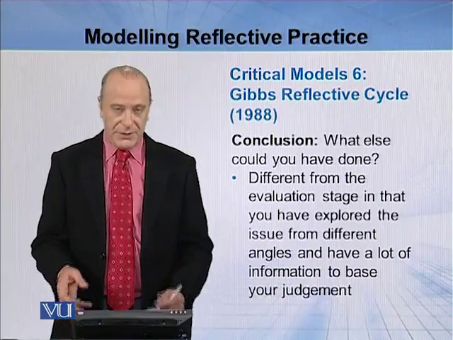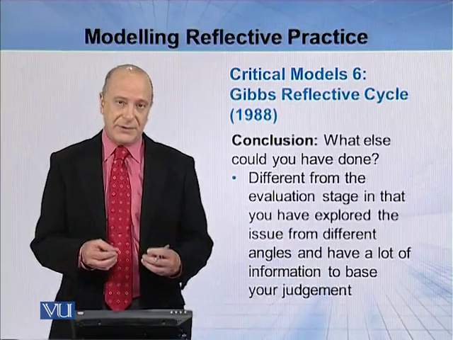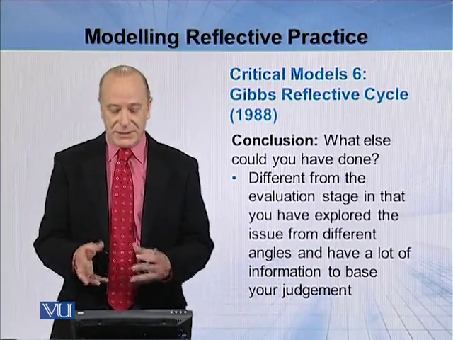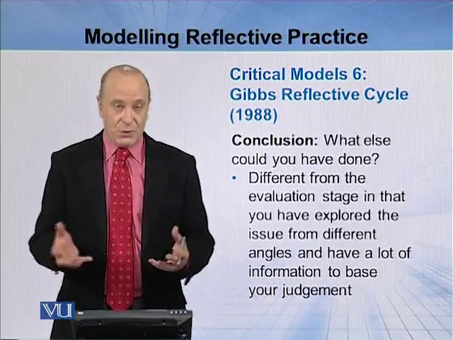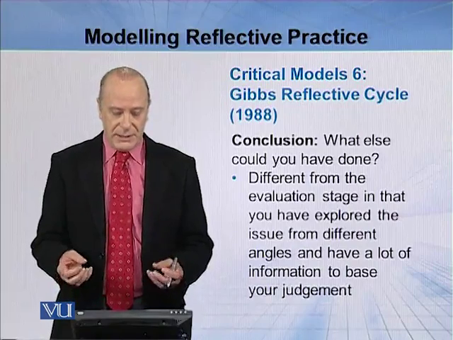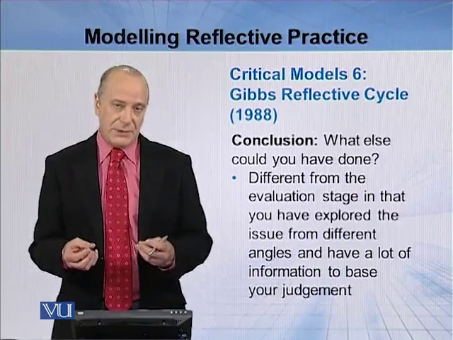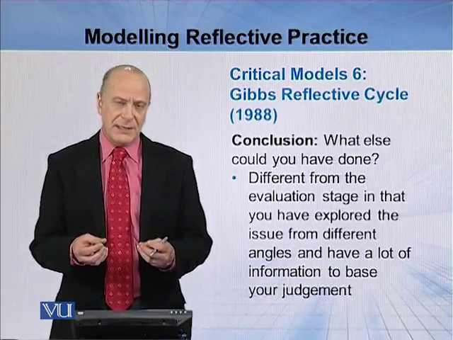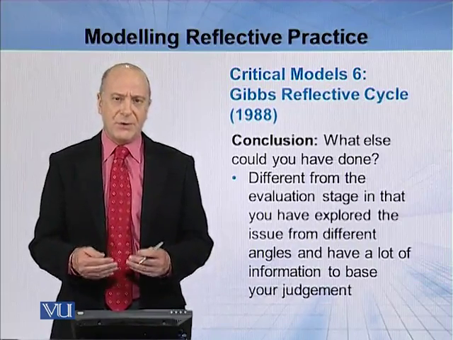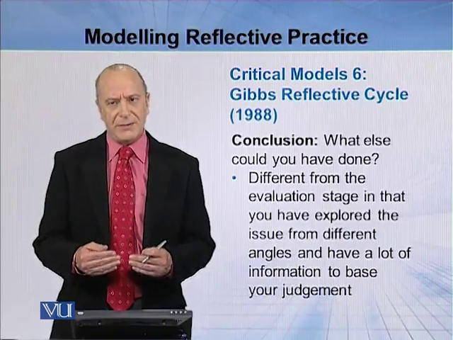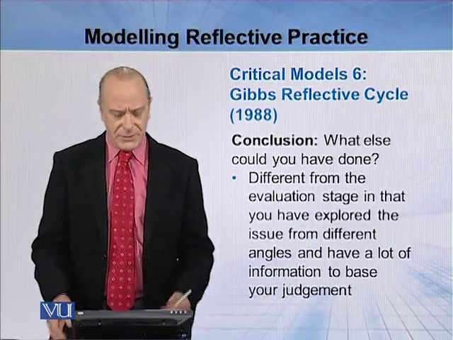And this ultimately leads on to the point where some judgment is made by the teacher, some conclusion: what else could you have done, for example. This is quite different from the evaluation and the analysis stage, because it is very much about putting a stop to the reflection that's taking place. It has to end at some point, and there has to be some decisions.